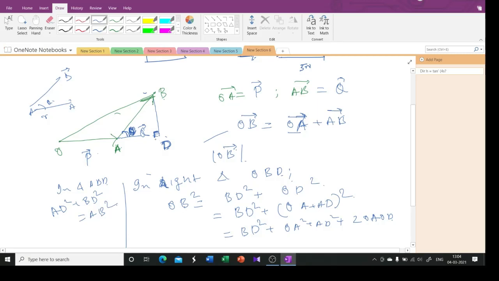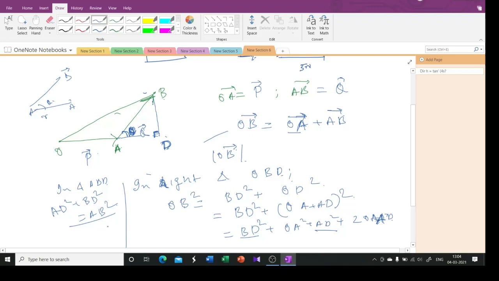This is another right angle triangle. So now we can see that we have this BD square and this AD square, which can be represented as AB square. Also in triangle ABD, we have 2 into OA into AD.